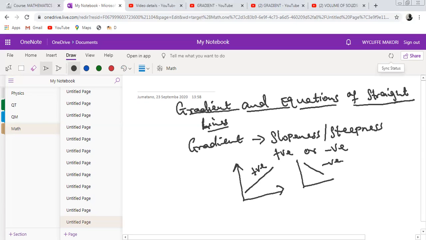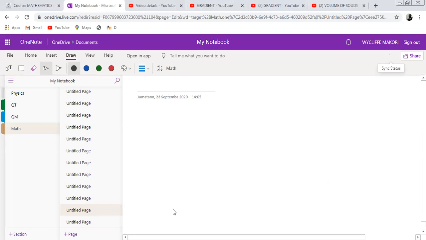That is the starting point. Then you should be able to realize that gradient is obtained whenever you are given 2 points where the line is passing. The gradient will be given by change in y over change in x. So you can be told that a line passes through these 2 points.